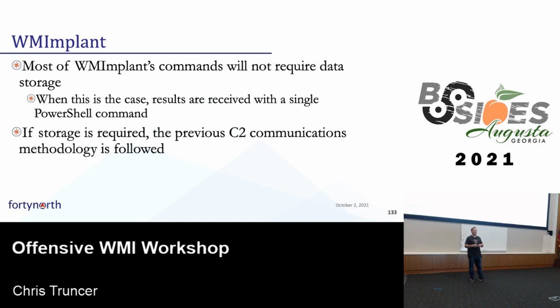So you basically tell it what system you want to target, what process ID or process name you want to kill, and then it transparently does all of that. Same thing with starting processes. It can run PowerShell scripts in memory on a remote system without ever dropping anything to disk. And that uses that C2 methodology where it stores the PowerShell script in that WMI property, retrieves it, gets the results, sets it back, and then we can remotely retrieve the results. So you can do a whole bunch of different things with this, and it automates all of those steps for you.